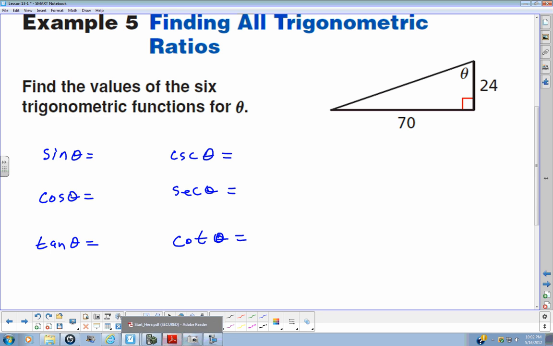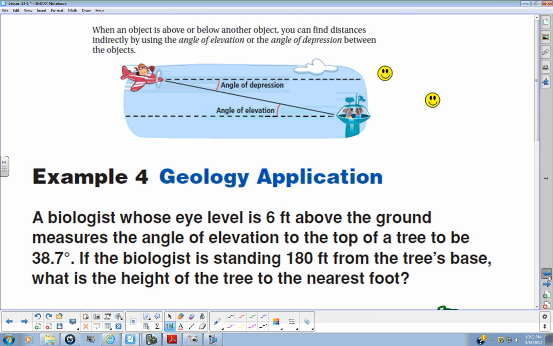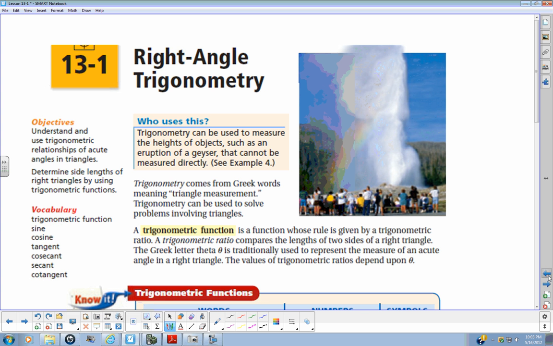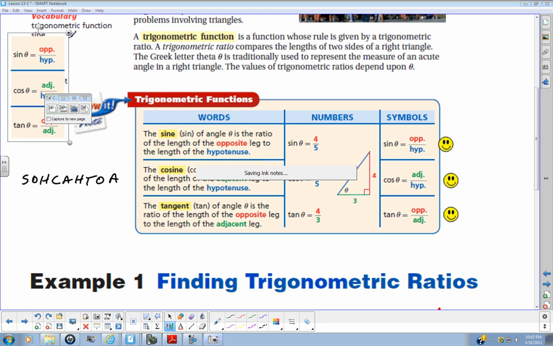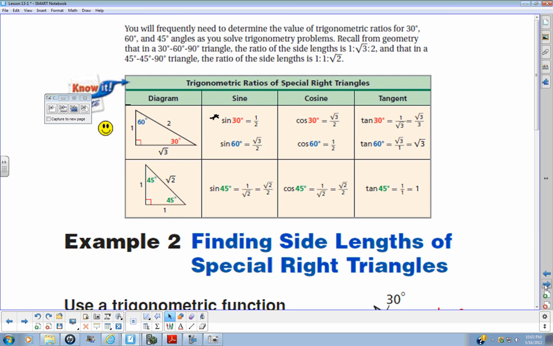So let's go ahead and I'll go back here and copy our first chart we had over here. I'm going to select just these three parts here, and we will copy and paste it over here so we can see them.